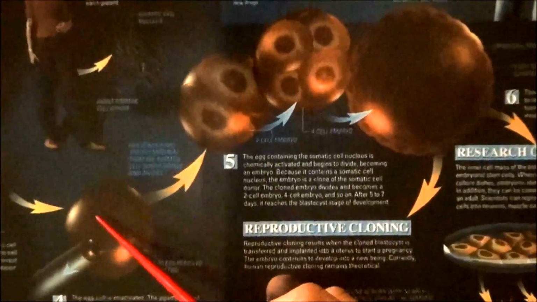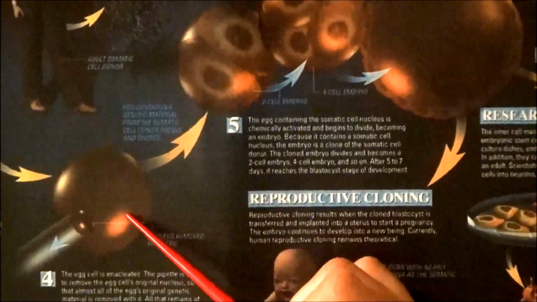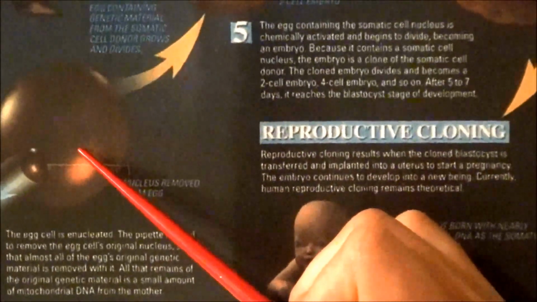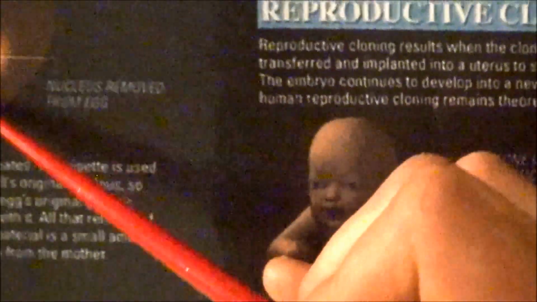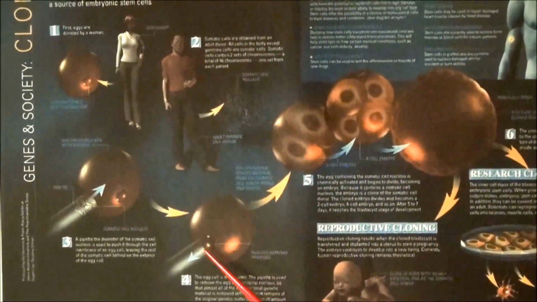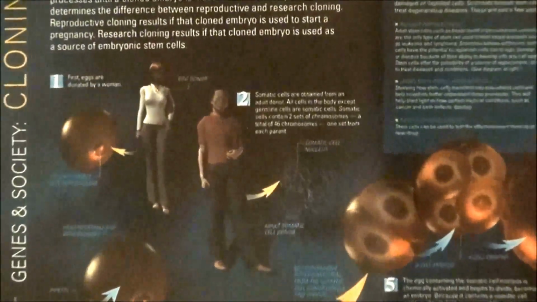So when we remove the nucleus, that's the only thing that's left, that little bit of mitochondrial DNA from the female's egg. And the only job of the mitochondria is to convert food energy into cell energy. So there will be no genetic makeup from the female contributing to your clone. It will be just the genes from your skin cell, just you, basically.